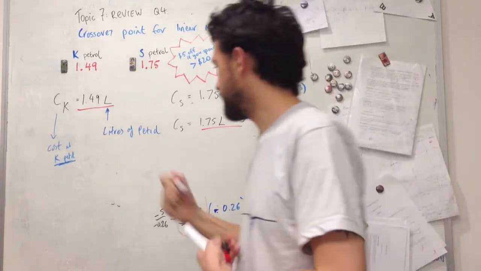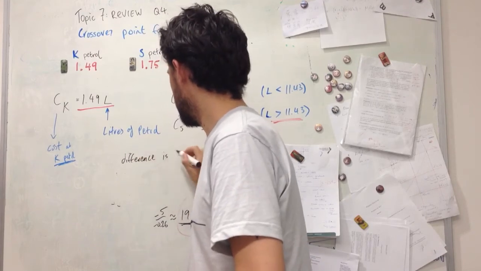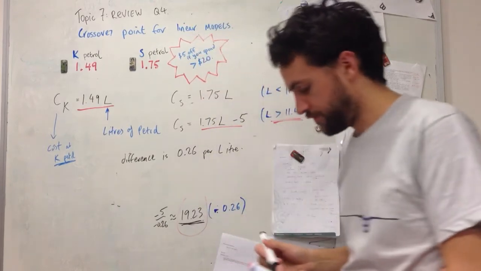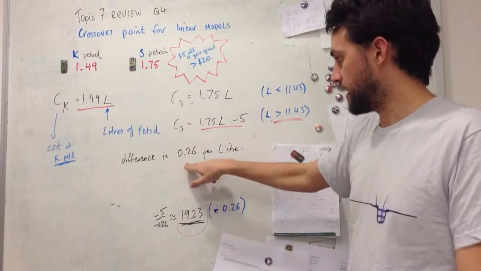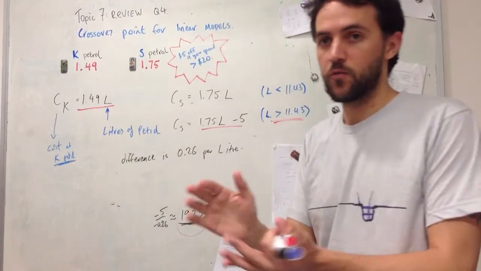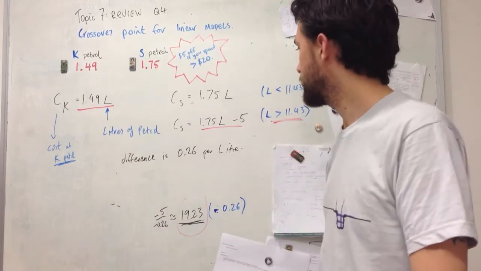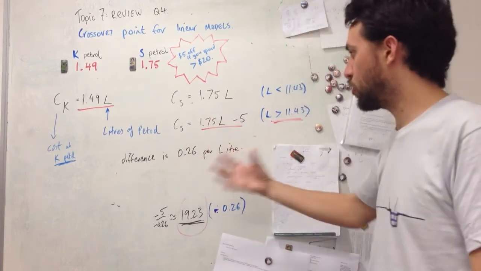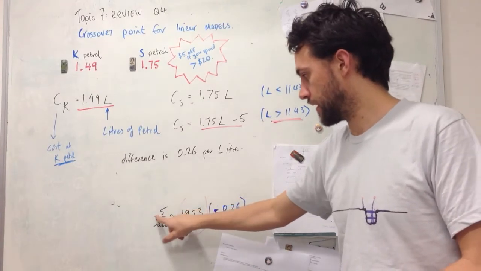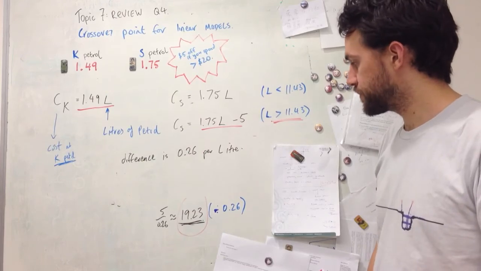Since we know that the difference is 0.26 per litre, I basically just need to know how many 0.26s go into 5, because once I've got that many litres, the $5 just cancels out that much. So since it's 0.26 more per litre, it's going to be 5 divided by 0.26 equals 19.23.